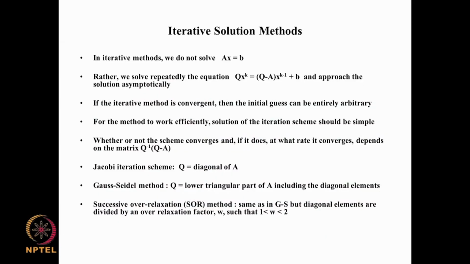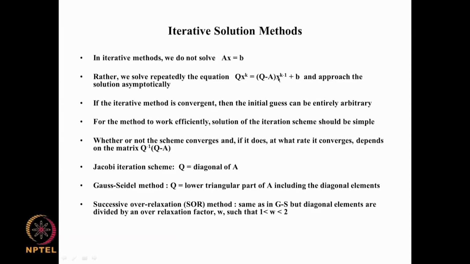In the next class we are going to work this out for some practice problems, so that we know exactly how to construct Q and how to solve this equation Q x_k equal to (Q minus A) x_{k-1} plus b.